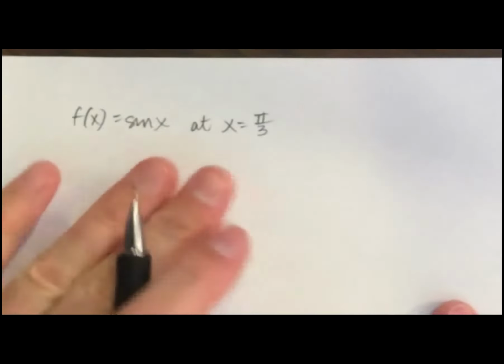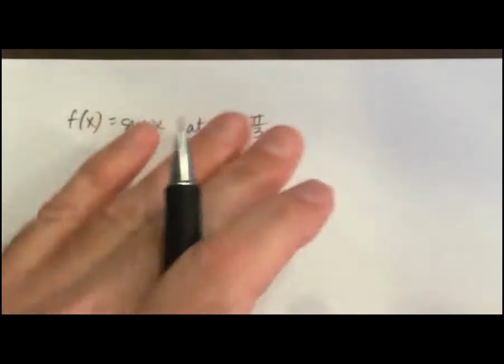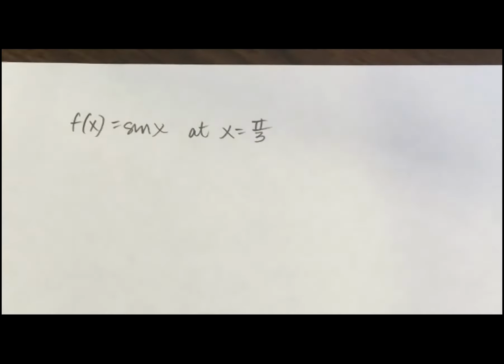I really wouldn't have to do it at pi over 3 because, as you found out, the sine function converges everywhere. The radius of convergence is infinity. So you can just find the Maclaurin one and stick in a pi over 3, it works fine.